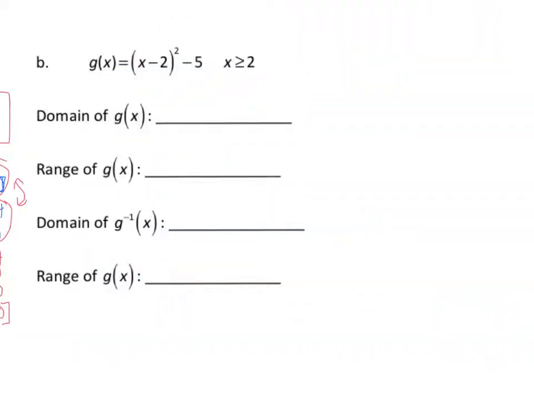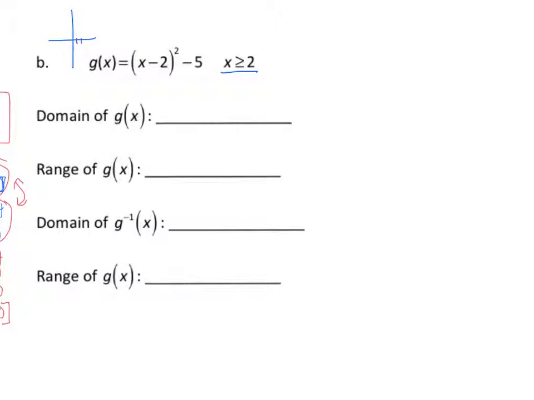We're going to look at one more example where we're finding the inverse. This function is a parabola, but it gives us a domain restriction that x is greater than or equal to 2, because otherwise it wouldn't be a one-to-one function. If you think about what this function looks like, it is a parabola that's shifted 2 units to the right and 5 down.